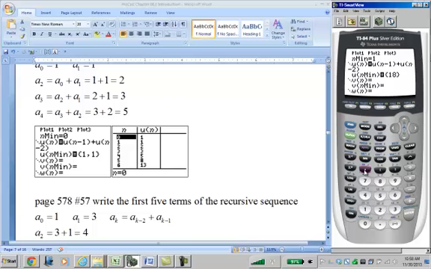So if you have more than one initial number, then you put them into these initial values here, into u of n minimum. I'm going to close this off with the curly bracket. So I've got two initial numbers, 1 and 1. If I had three initial numbers, then I would have to put three numbers in there. I don't know what the limit is on how many numbers you can put in.